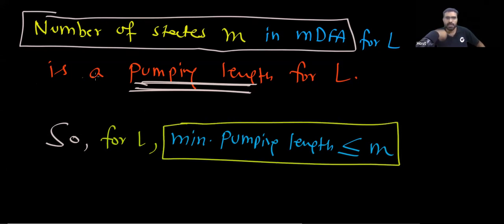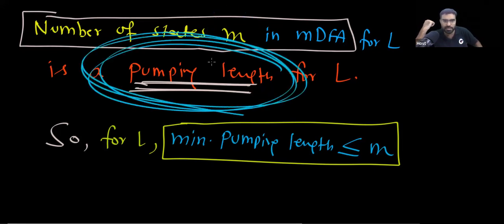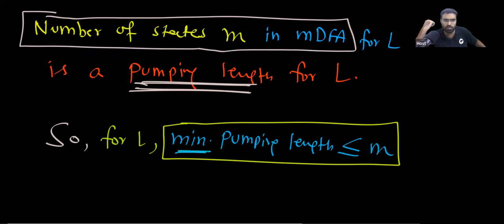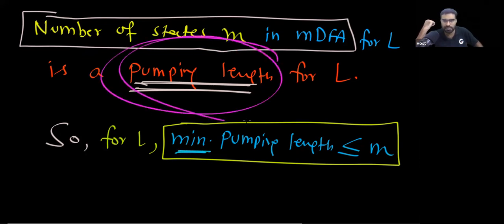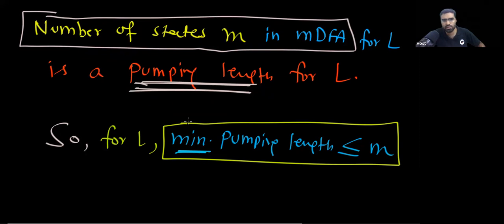You already know M is a pumping length, so the minimum pumping length will be less than or equal to M.